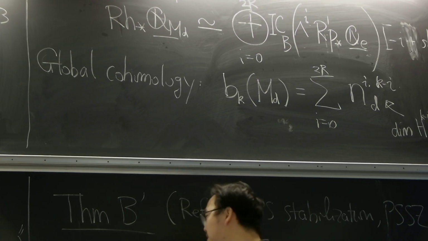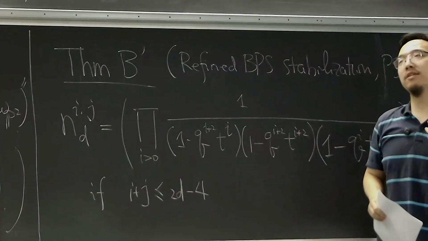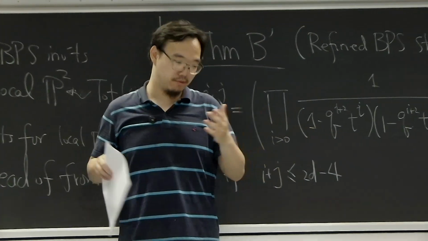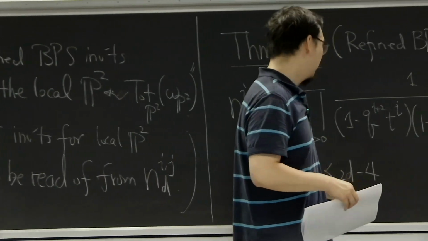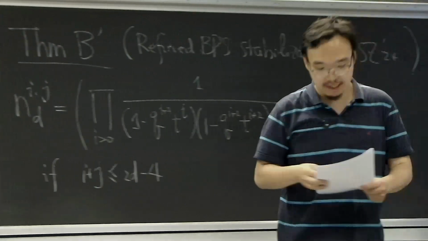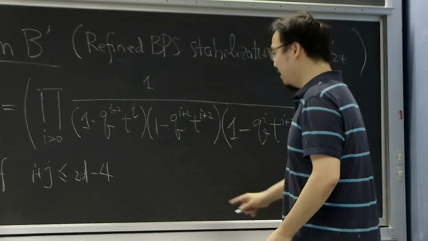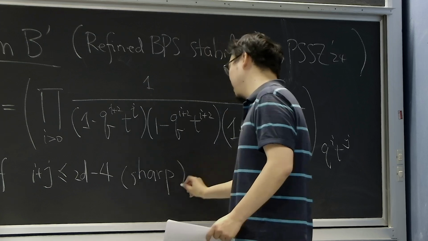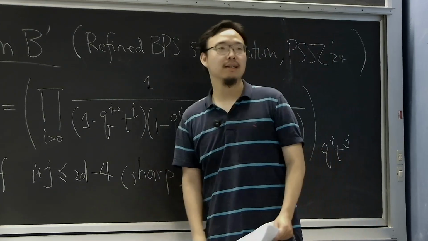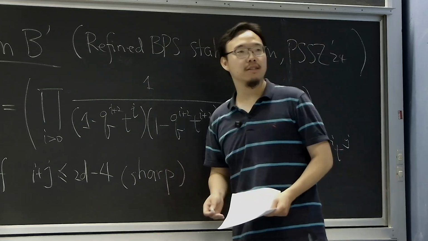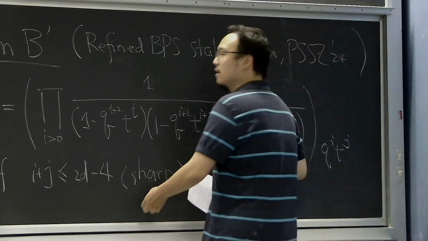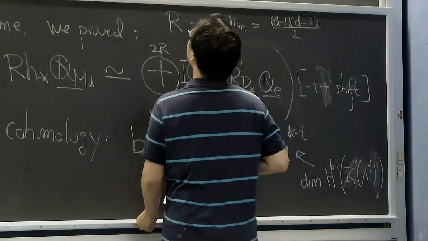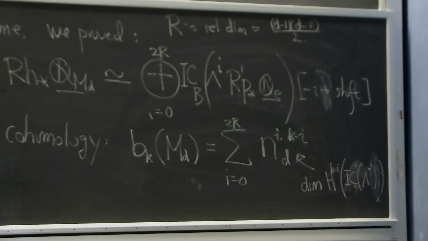So in particular, this means that if you consider the small degree BPS cohomology, then all the refined invariants associated with it stabilize into this product formula, and this bound is actually sharp. If you go beyond this bound, then there are correction terms. If time permits, at the end I will say something about the correction terms.